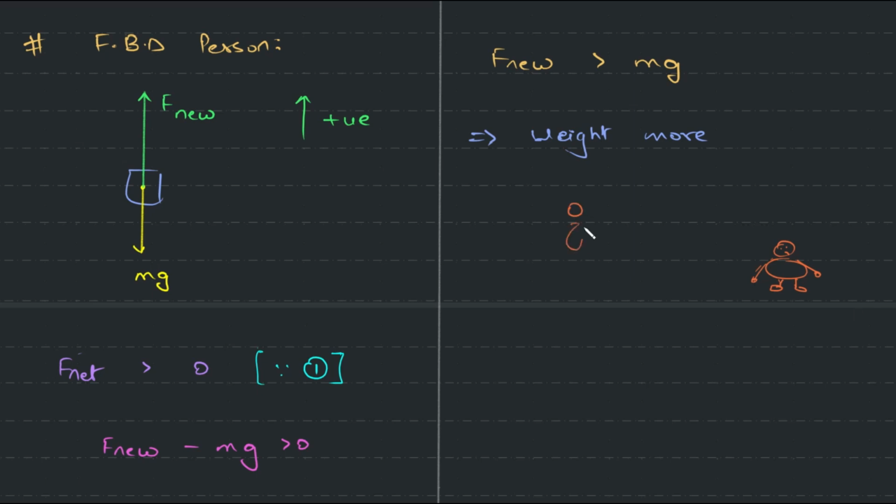Before, the person is standing up straight and all okay, looking at his book or something. This is before, and this is after the lift speeds up. This is before, or lift at rest. When the lift is at rest, this is the case. When it speeds up, it becomes this.